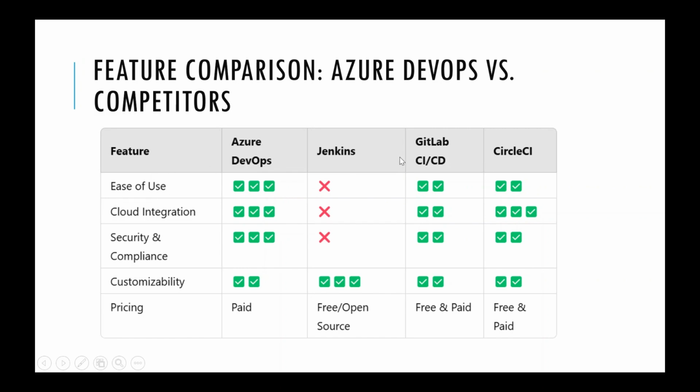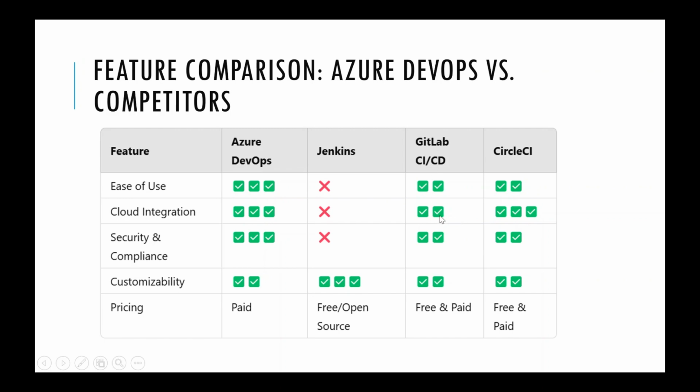of using. Okay. Next one is cloud integration. We have seen already Azure DevOps can be integrated with most of the clouds like Azure, AWS and GCP. Also GitLab CI/CD and CircleCI can be integrated with cloud, but you can see these check marks.